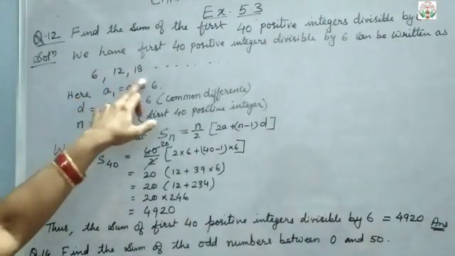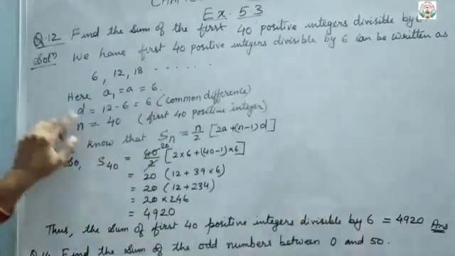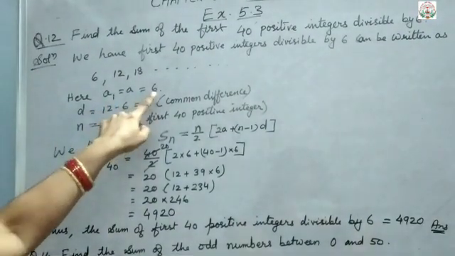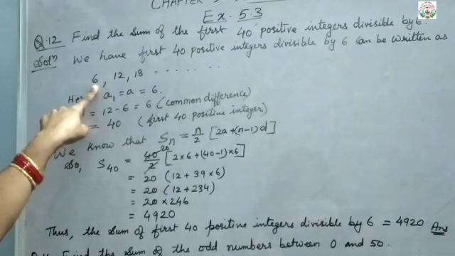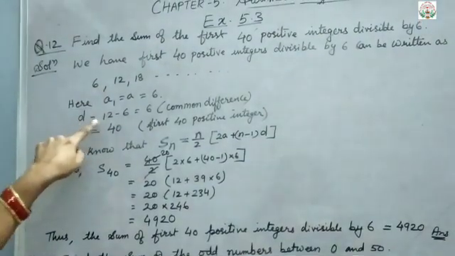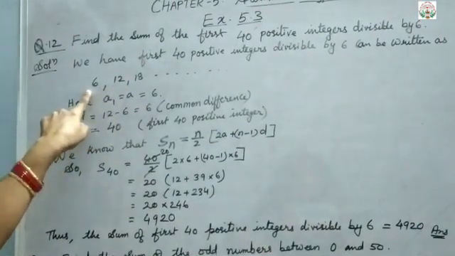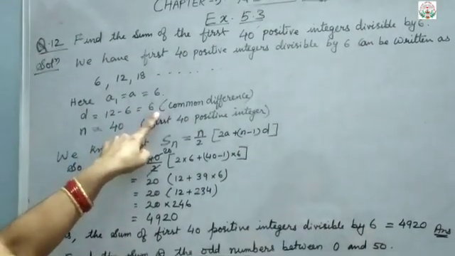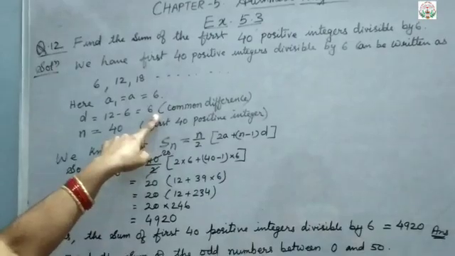So here the first term A1 equals 6. Now the common difference D is A2 minus A1, that is 12 minus 6, which equals 6.